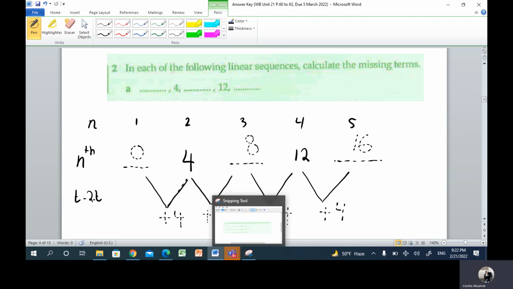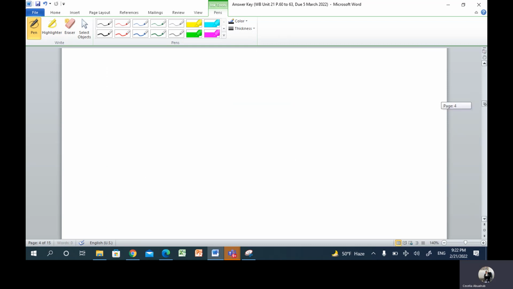It makes sense, right? 0 plus 4 is 4. 4 plus 4 is 8. 8 plus 4 is 12. 12 plus 4 is 16. So 0, 4, 8, 12, and then 16. And that's how we found by trial the numbers in this sequence.